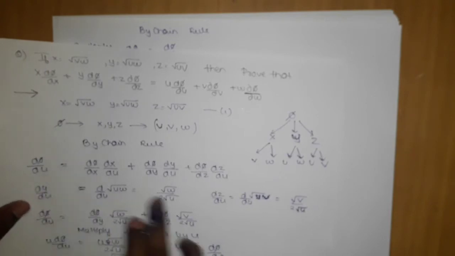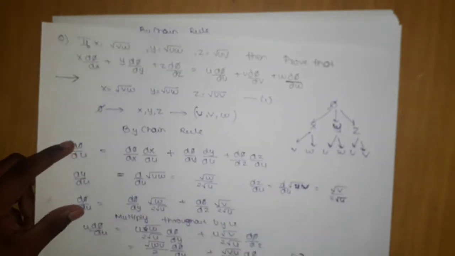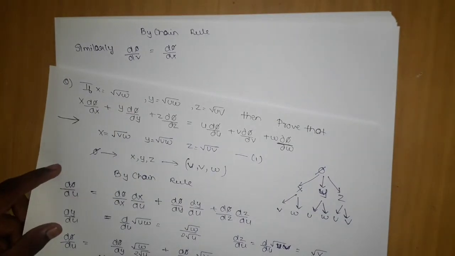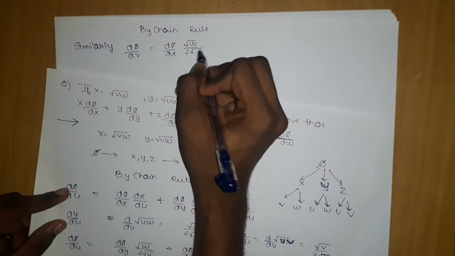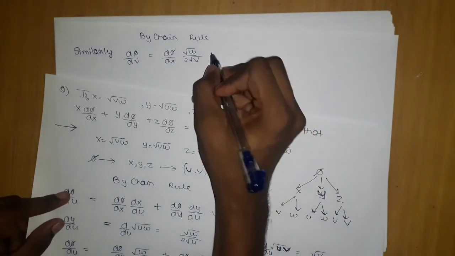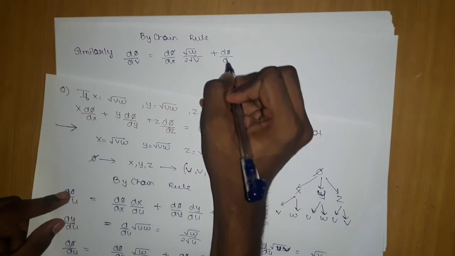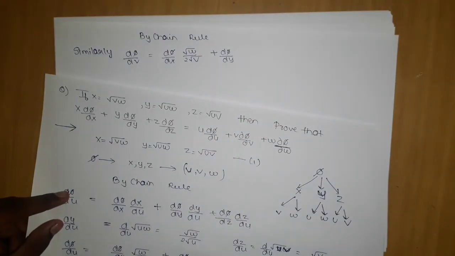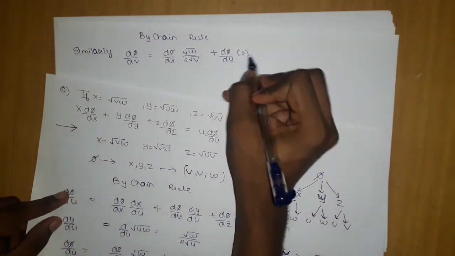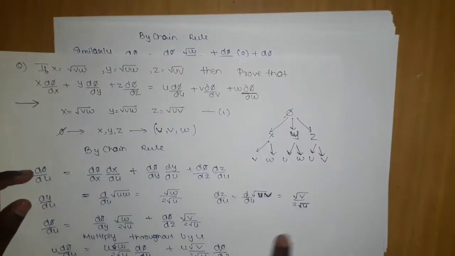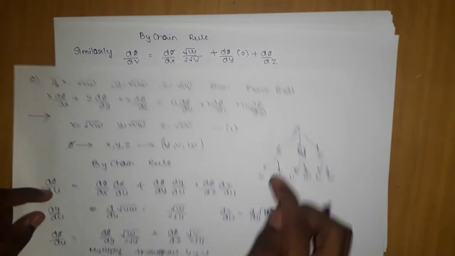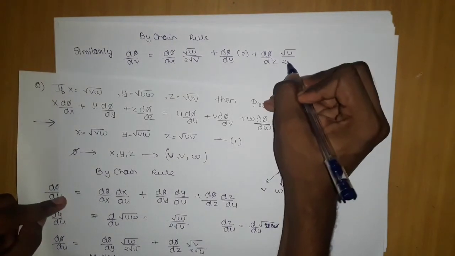If I differentiate this one, I am going to get the similar thing, which will be under root w by twice under root v, and here dou phi by dou y, which will be what? There is no v term, we will write here 0, and dou phi by dou z, here you are differentiating again with respect to v, so under root u by 2 under root v.